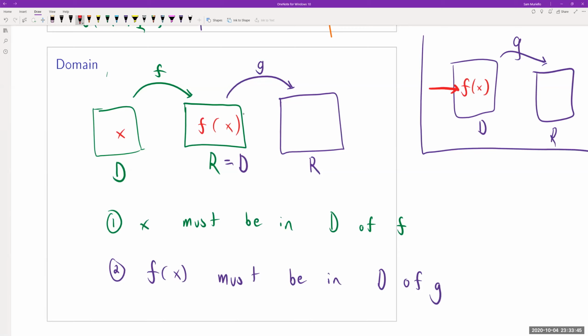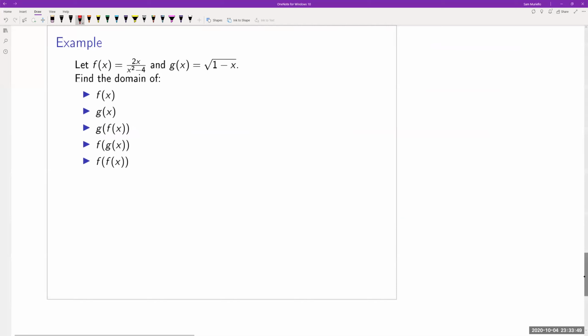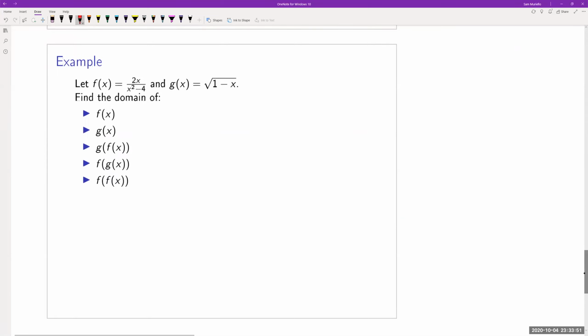So going through an example here, I have a couple of functions, 2x over x squared minus 4, and then square root of 1 minus x. We'd like to find first the domains of each of the original, just as a review, and then put them together to see how their domains fare when I compose them. Let's first start with the original function f. In f, I see division, so I know x squared minus 4 cannot be equal to 0.